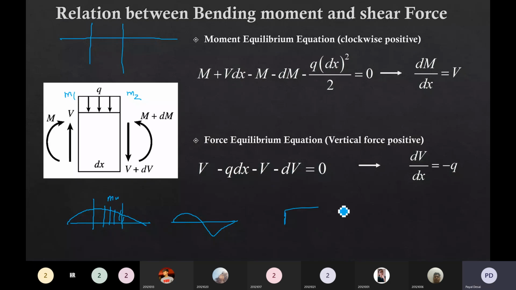I told you uniform bending is this, then the moment diagram is this, and every cross section moment is the same. But otherwise, in all other cases bending moment is non-uniform, so every cross section bending moment changes.